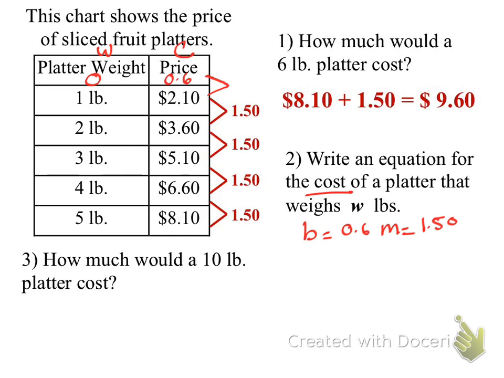We want to use function notation. We're saying the y is C and the x is W. The C of W equals 1.50 W plus 0.6. So we're saying y is like the C. So we're doing the C of what? W? Equals 1.50 W plus 0.6.